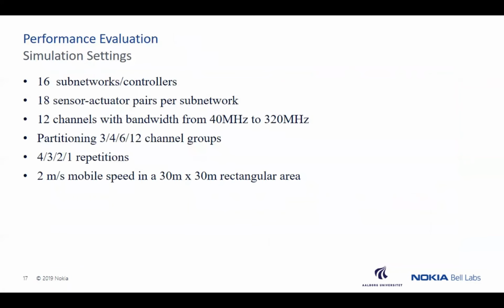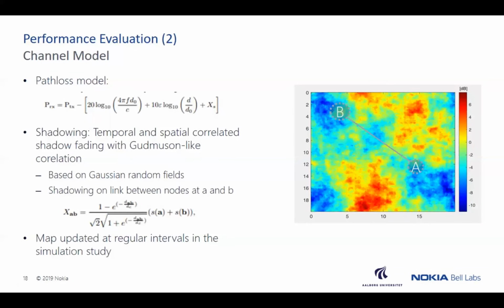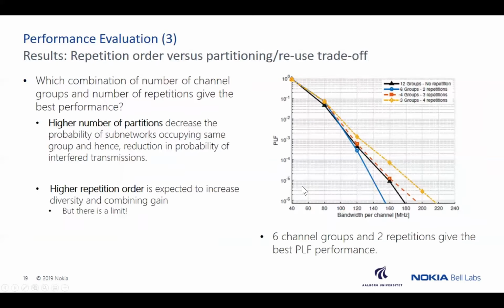Right. So I would show some evaluation results where we have a number of subnetworks moving at a given speed. The shadowing and path loss is calculated using the following model. We have ensured that we have spatial and temporal related shadowing by using this notion of Gaussian random field.